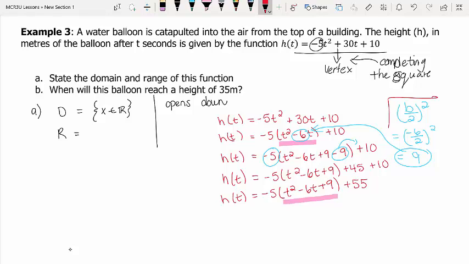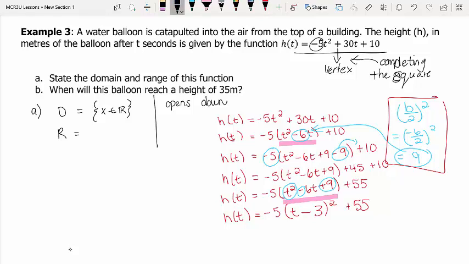We set it up so that it would be a perfect square trinomial by doing what we did in the steps before. So to factor a perfect square trinomial, you set up your brackets, you take the square root of the first term and the square root of the third term, then you take the sign of the middle term and square the whole thing. And look at that, that is now in vertex form.